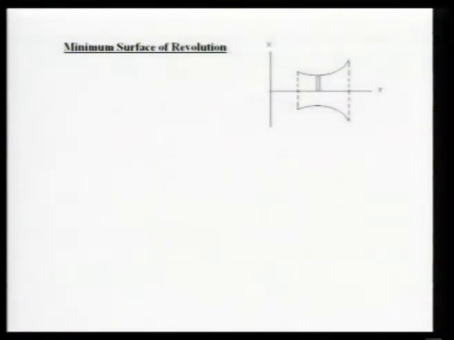Now we do the same thing here. We change the role of the axes. Why? Because we want our f to be independent of y. So in the diagram you can see we have marked the y-axis here and the x-axis this way. So now the area is 2 pi x ds instead of 2 pi y ds, which we had said earlier.